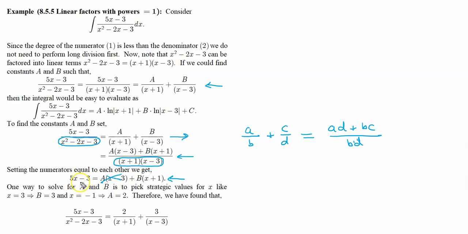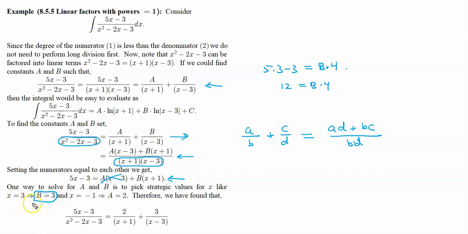And what we'll end up with is 5 times 3 minus 3 equals, that term goes away, b times 4. Okay? And then this is going to be 12 equals b times 4. And that implies that b equals 3, which is what we have right here.